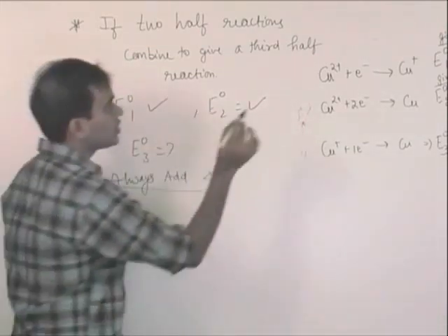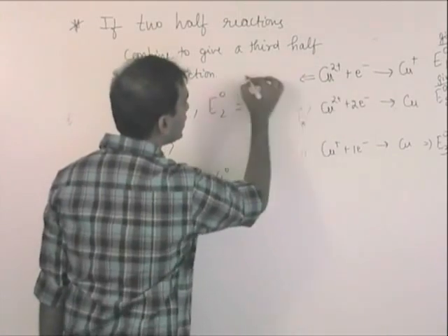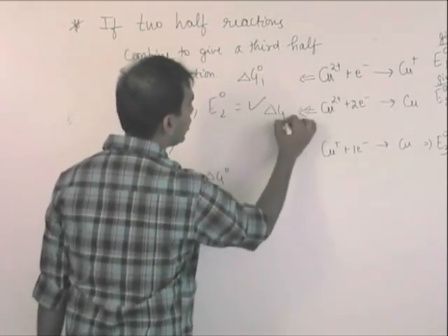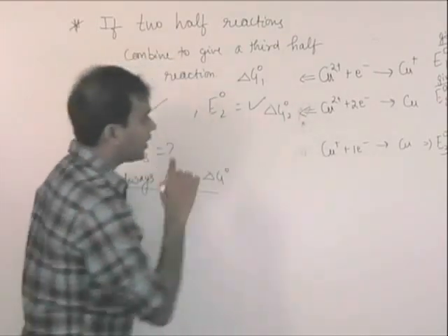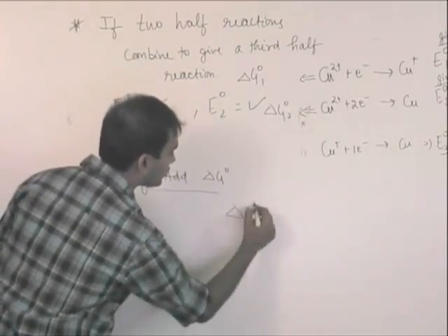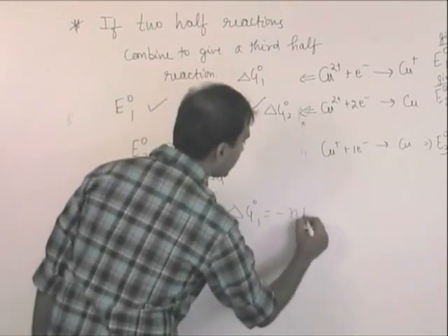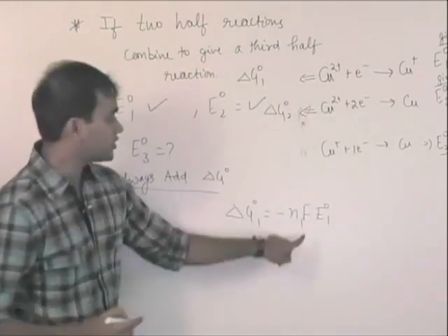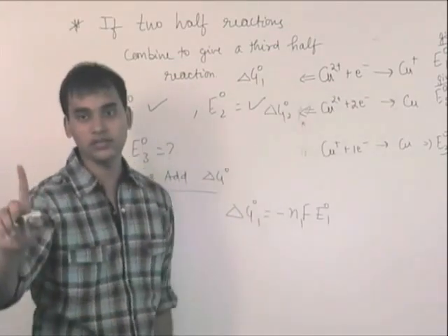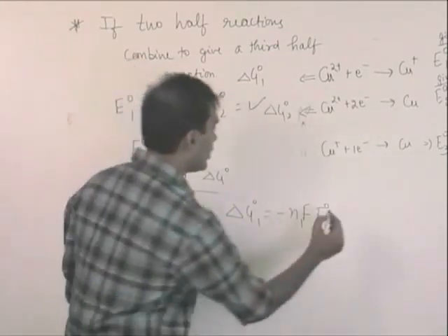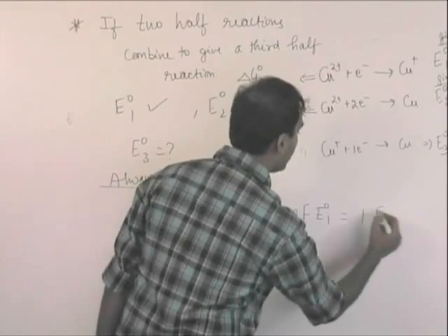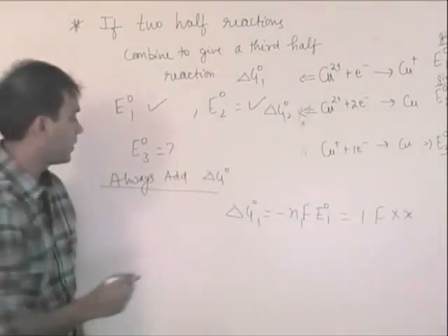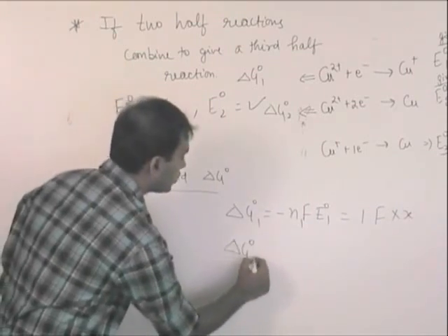So for this case I will say delta G naught 1. This I will find delta G naught 2. So I can say delta G naught 1 is minus N1 into F into E naught 1. What is N1 for this reaction? 1. So I can write this as 1 into F into E1 naught, say X. Clear? Delta G naught 2.